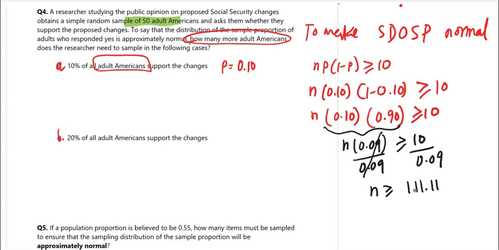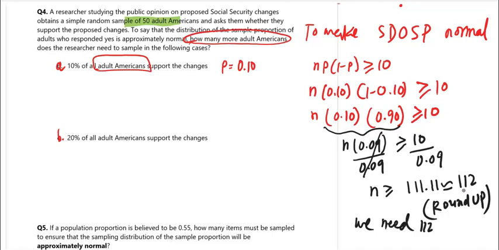Basically 111.11 is the same as 112 as a sample size. You always round up to the nearest whole number, so 111.11 becomes 112. So we need 112 samples.